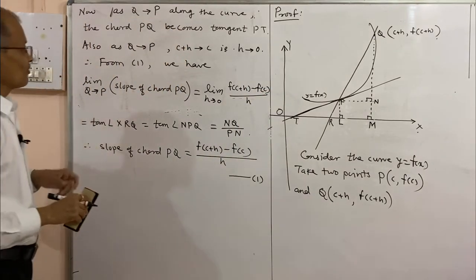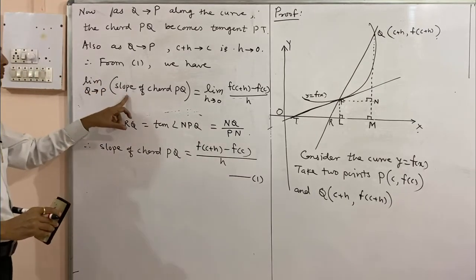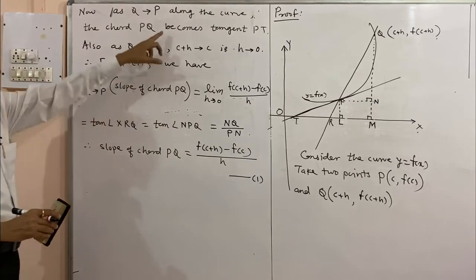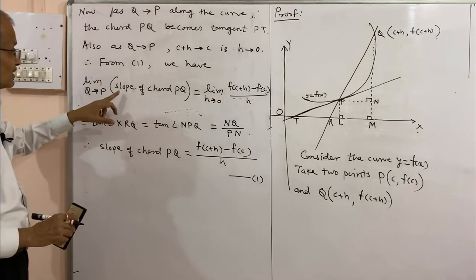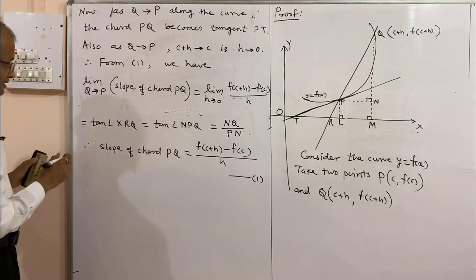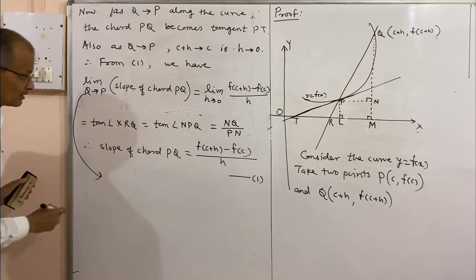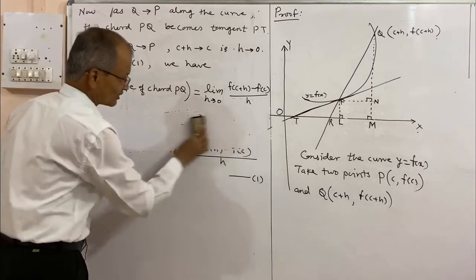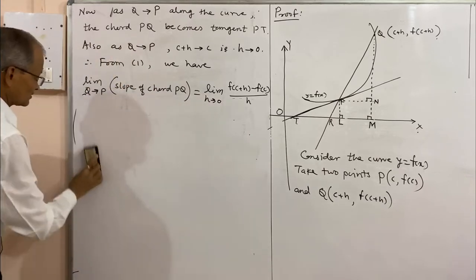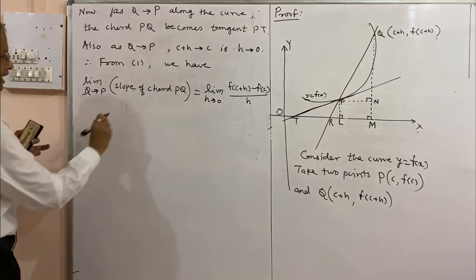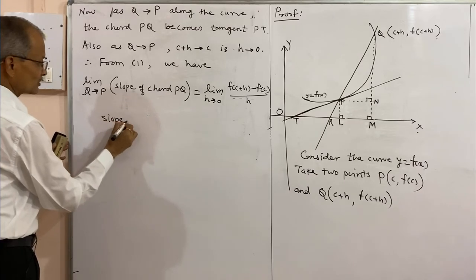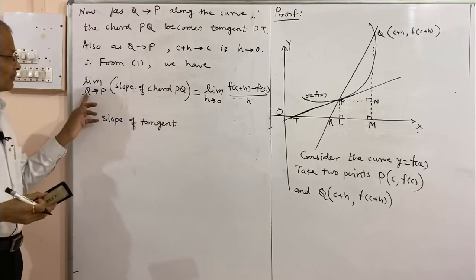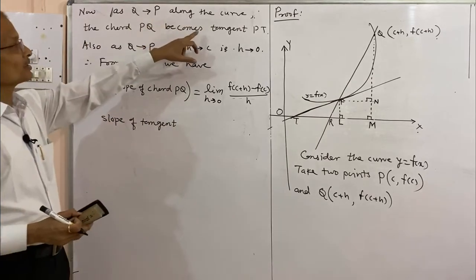Now, what is the limit as Q tends to P of the slope of chord? This chord PQ, when Q tends to P, becomes the tangent at P. So this is the slope of the tangent, because the chord PQ, when Q tends to P, becomes tangent PT.